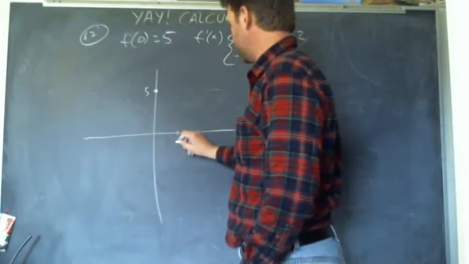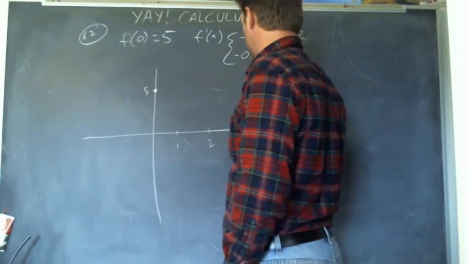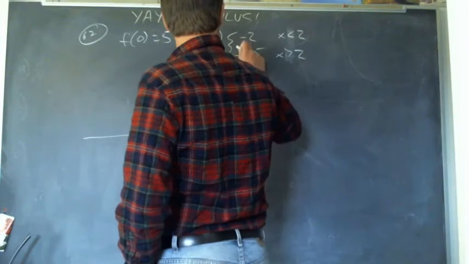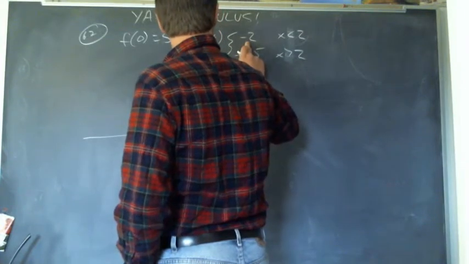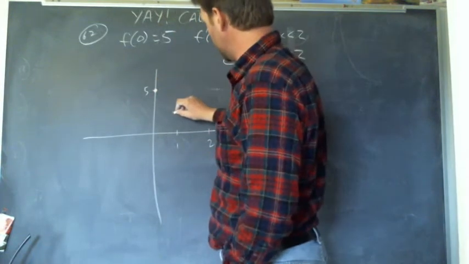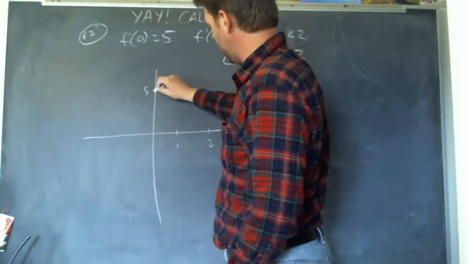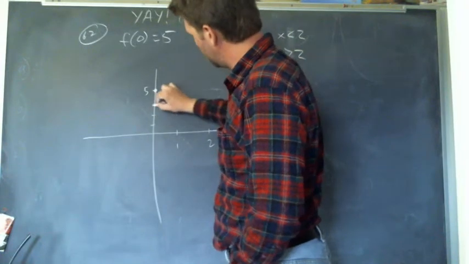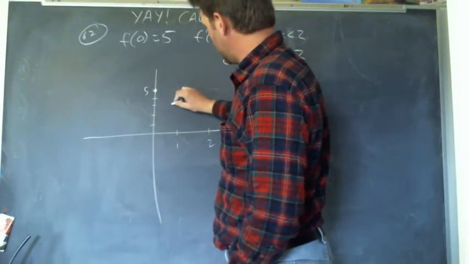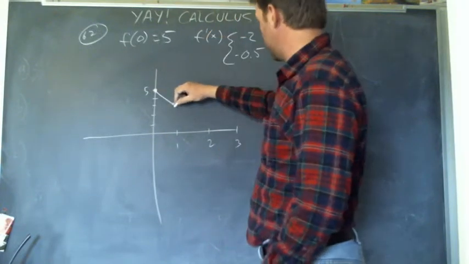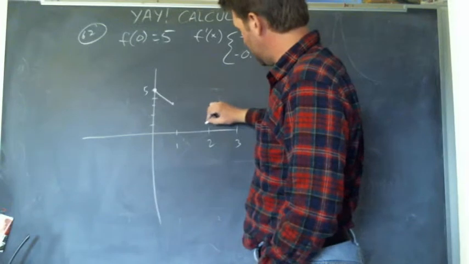So let's see, this is 1, this is 2, this is 3. So this is going down by 2 until we get to 2. So if we're at 5, go over 1, we're at 3. We're at 3, and a slope of -2. And here at 2, we're probably over here at 1.